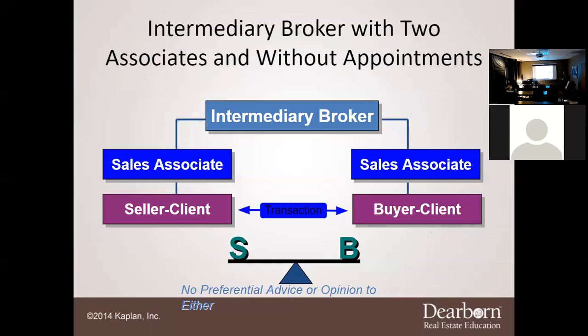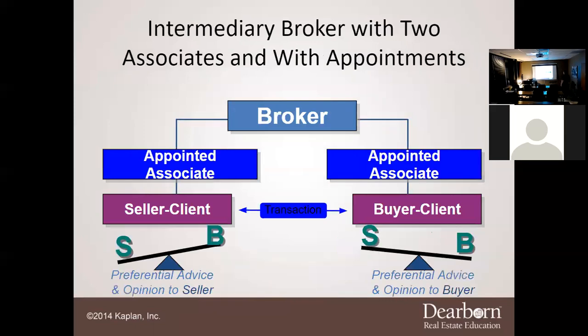We don't have appointments, we don't have contracts. It still comes to me. So in this situation, we're still in the same position because we don't have appointments. Don't let that trick you on the test. They will get you there. Because there are no appointments, it doesn't matter.